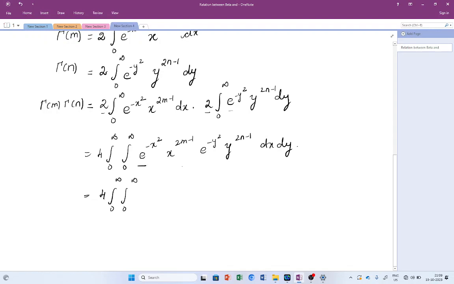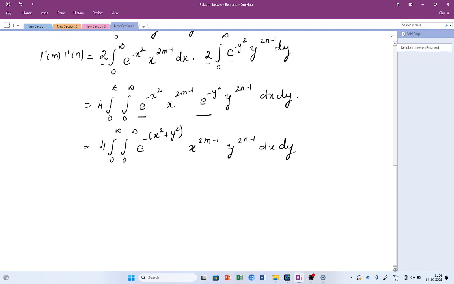I combine this term and this term. So I can write this as e power minus, when I'm taking minus common, x square plus y square. Okay, so the remaining term is x to the power of 2m minus 1, y to the power of 2n minus 1 dx dy.